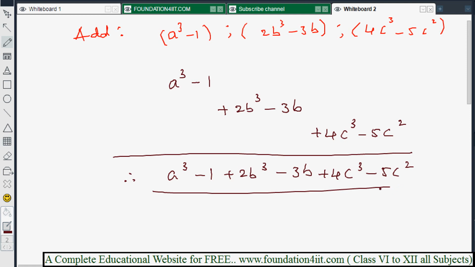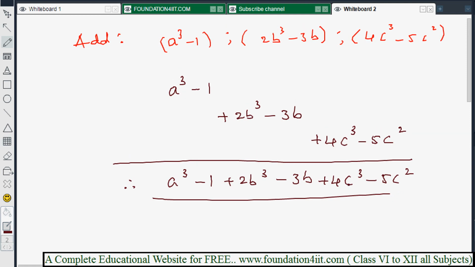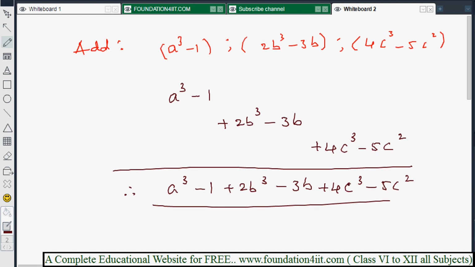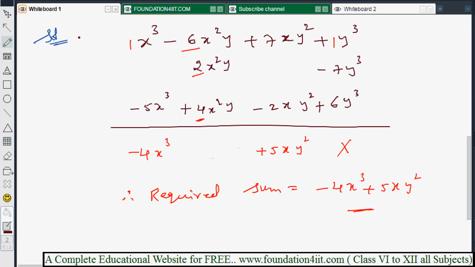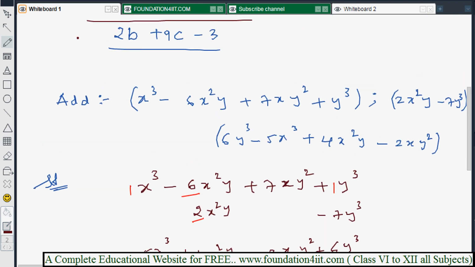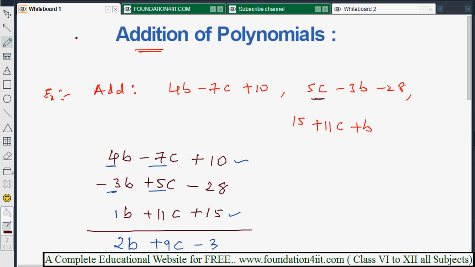So if there are no common like terms, then we can write the values as they are. Fine, so this is the way you can do addition. Whenever polynomials are given, we can arrange them in order. And I'll explain subtraction also, when some are like terms and some are non-like terms, how to do subtraction, I'll explain now.